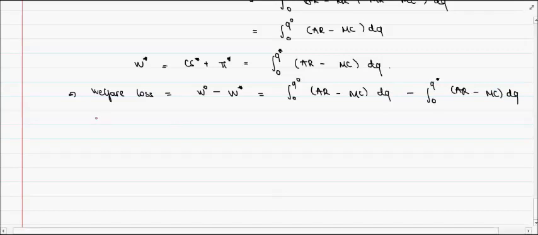Now, one of the definite integral rules is that if you got the integral from A to C of f(x) dx plus the integral from C to B of f(x) dx, the same function, then that is going to be equal to the integral from A to B. So the middle value C will disappear, and if you add these two together, you get the interval from A to B of the function f(x) dx.